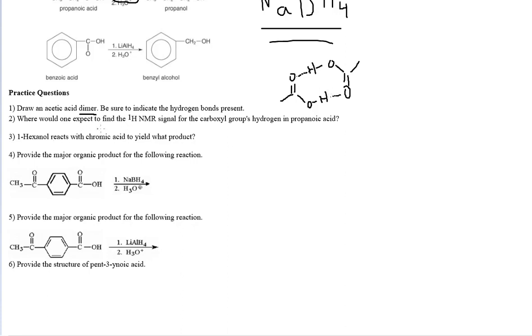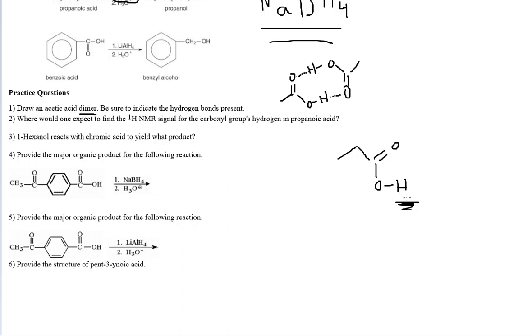Okay, so where would you expect to find a proton NMR signal for the carboxyl group's hydrogen in propanoic acid? We look at propanoic acid: we have three carbons, then our oxygen, our other oxygen, and then our hydrogen. So it is asking where we expect to see this hydrogen. Well, this hydrogen has a few issues. One, it's next to a lot of electron withdrawing material, so it's going to be heavily shifted.